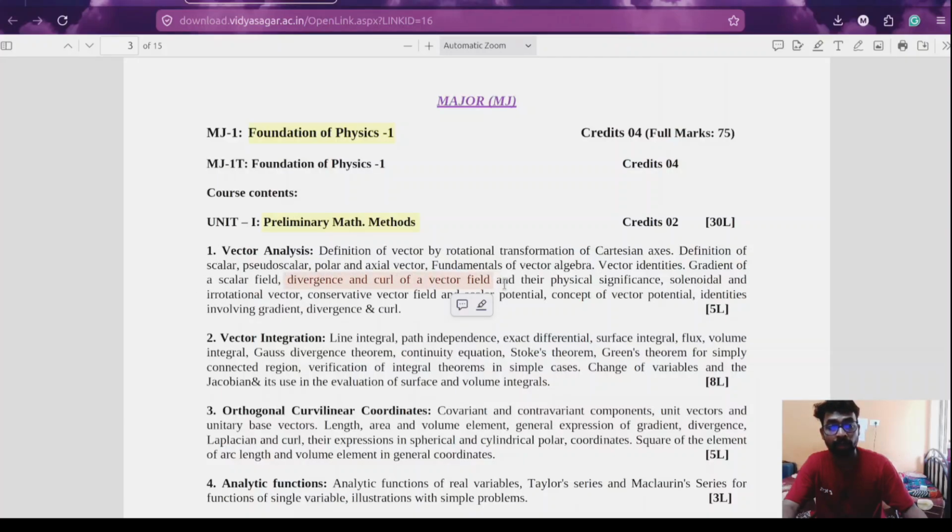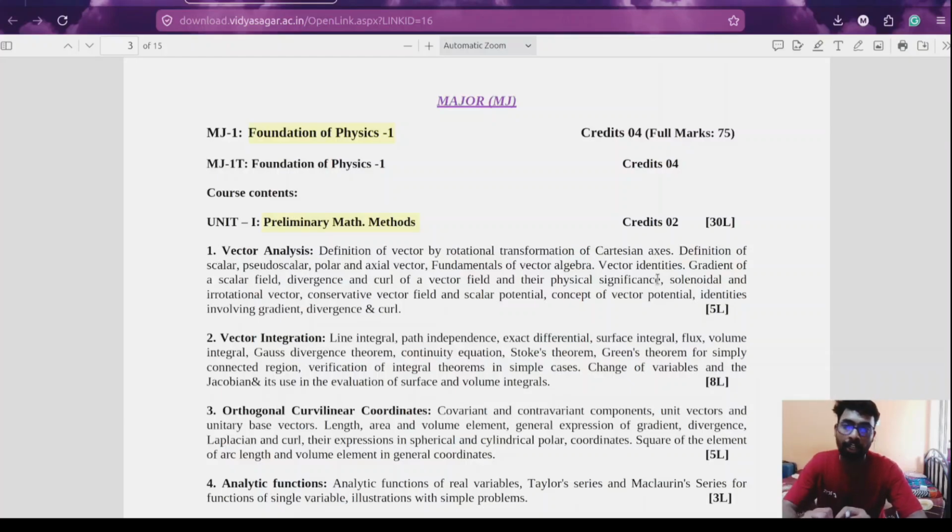These two are very important, and the physical significance is also important, along with solenoidal and irrotational vectors, conservative vector field, and scalar potential, which again is very important, and the concept of vector potential, and identities involving gradient, divergence, and curl also.